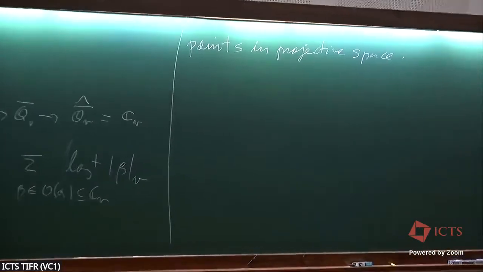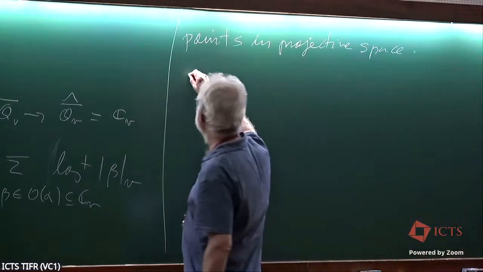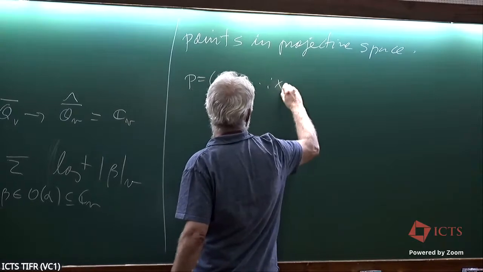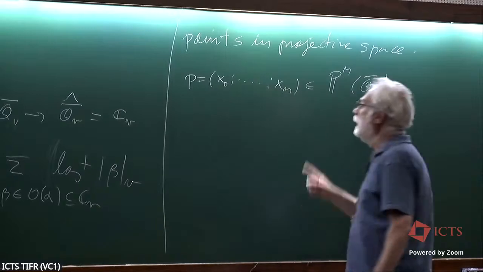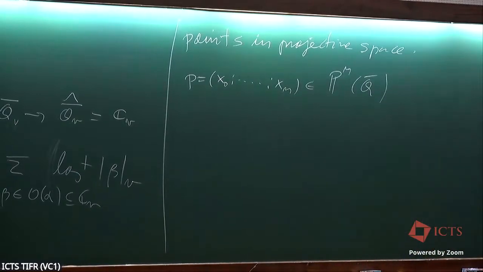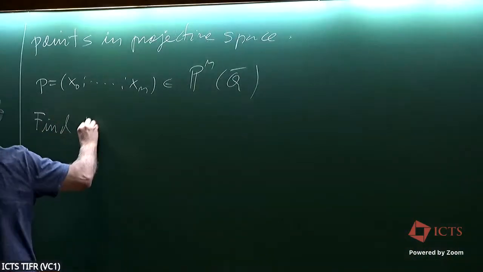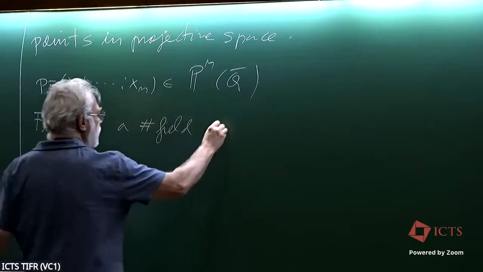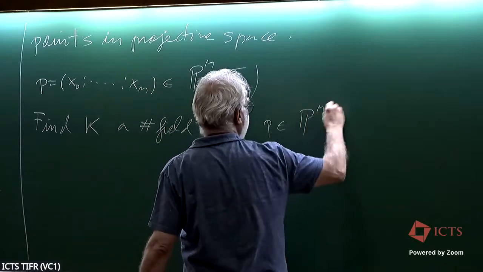If I look at heights of points in the projective space, let's imagine that I have a point P, that is [x0 : ... : xn], a point in P^n of Q bar. And I want to define the height here. Then what I can do is to find K, a number field, such that the point P belongs to P^n of this number field.